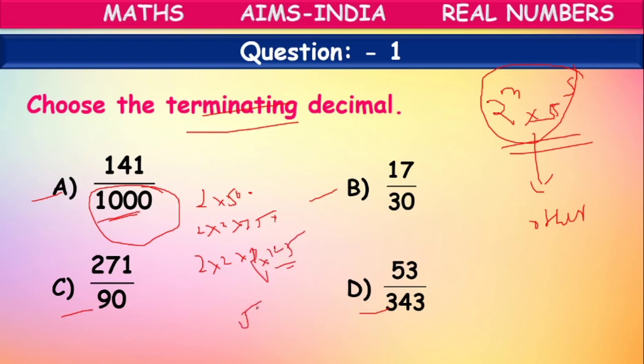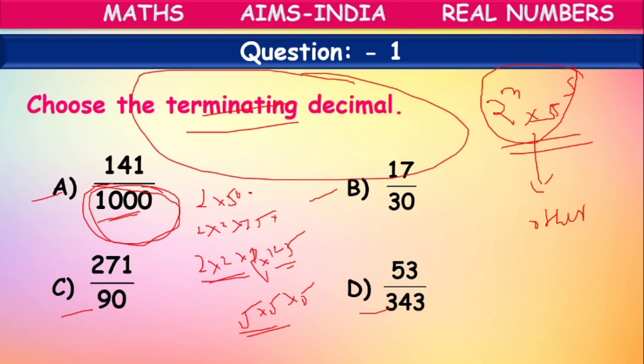So 125 can be written as 5 into 5 into 5. So we have three 2's and three 5's in the prime factorization of the denominator, which is 1000. So it has only 2's and 5's as factors. That's why option A will be an example of a terminating decimal.